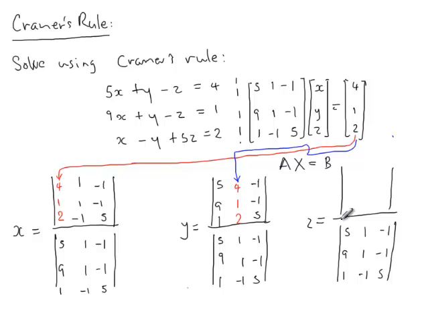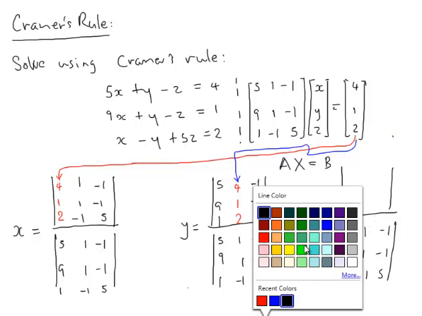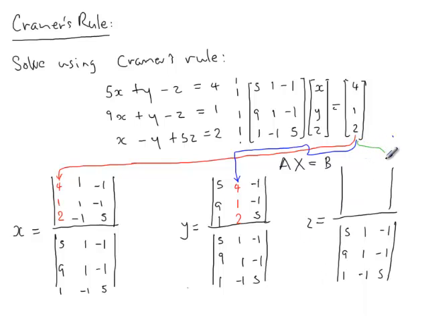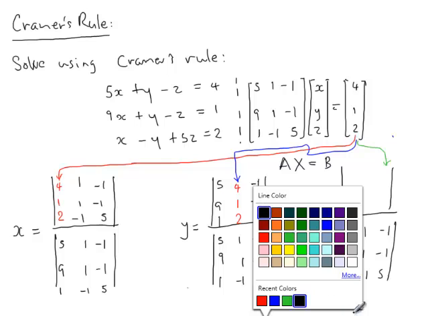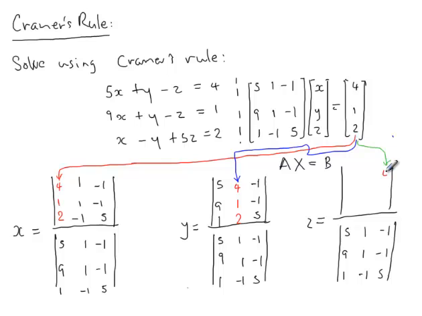Then, coming here now, let's get the last one. Let's get another color there. Let's go. That's where the import is going to go. Then we go 4, 1, and 2.